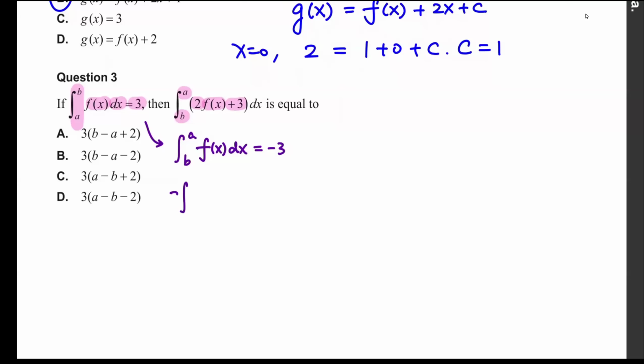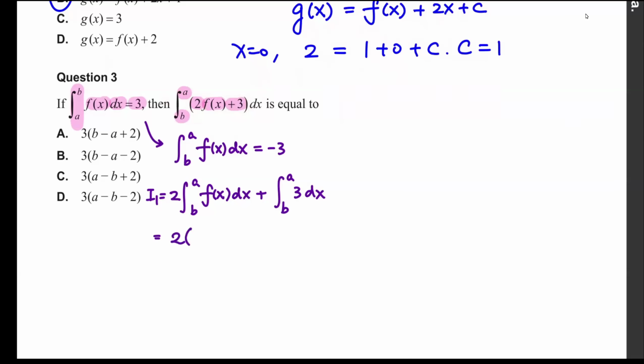Then I can split the integral, I call it I, equals 2 lots of the integral from b to a of f of x dx plus the integral from b to a of 3 dx. Just notice the 2 only goes with f of x, so you can only take the 2 out from f of x, not from this guy.